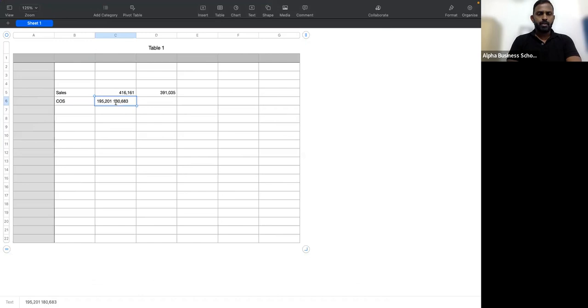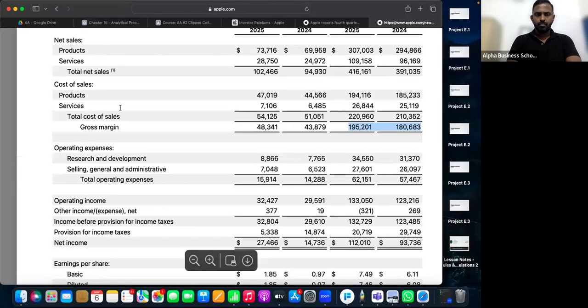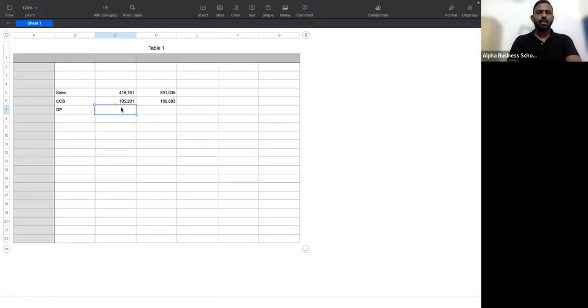Right, so again, I cut it from here. Then I find out my GP, so gross profit. That's the gross profit. So it's given, so I compute the percentages to understand.